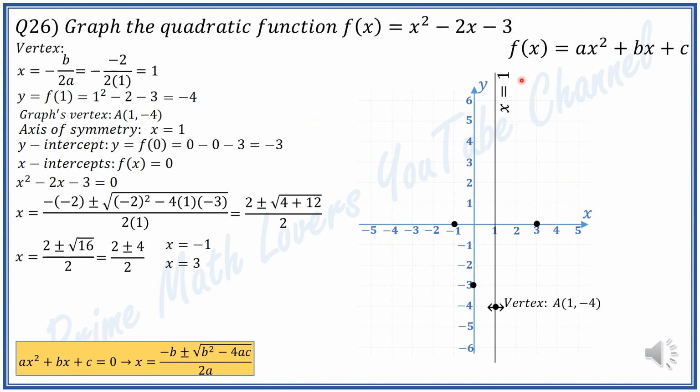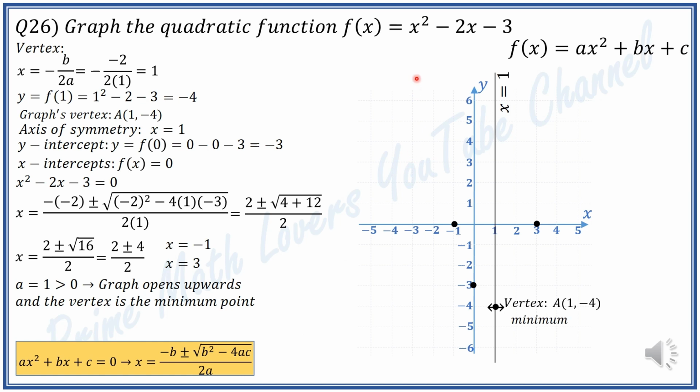In our equation, the coefficient of x squared is positive 1, so the graph opens upward. And when the graph opens upward, the vertex point is the minimum point. So our graph will be like this.